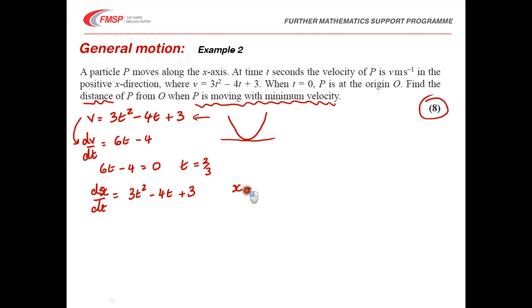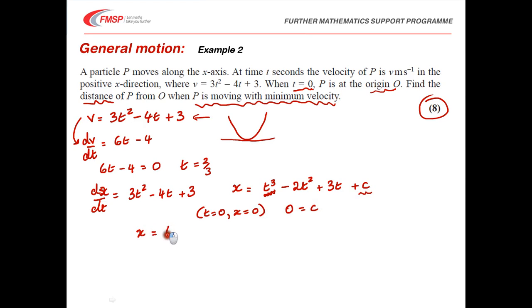So my left hand side becomes x, right hand side becomes t cubed, that 3 cancels away, minus 2t squared plus 3t plus my constant. I know that when t is 0, p is at the origin, so x equals 0. I can substitute that into my formula here. That means that 0 equals c, so my constant here is going to be 0.